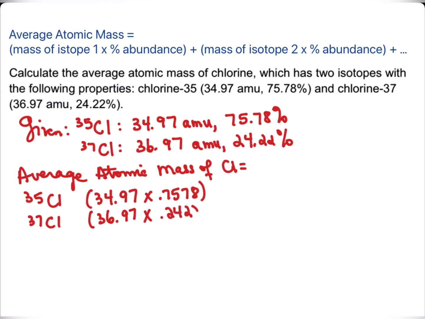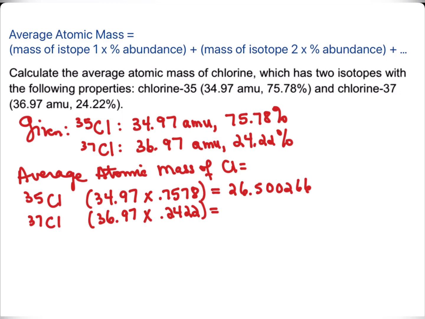Whatever you can remember is going to be okay. So this parentheses is equal to 26.500266. That's what the calculator is showing, so you don't have to shave off any numbers or try to estimate early on. You're going to round at the very last step of your problem.